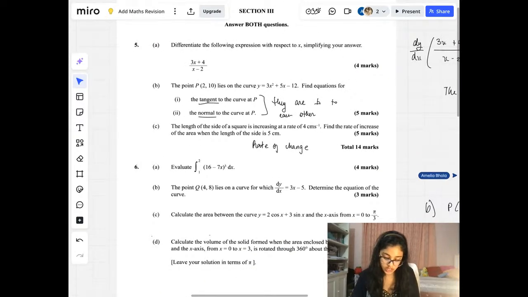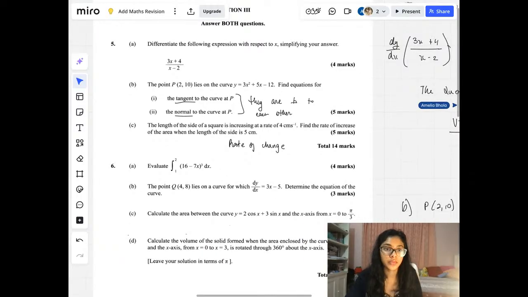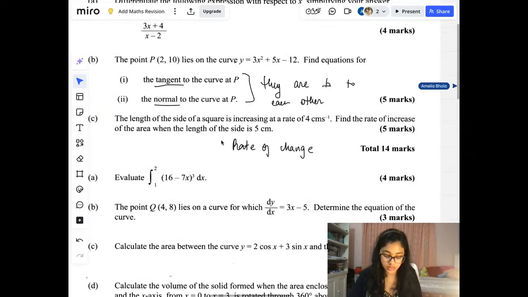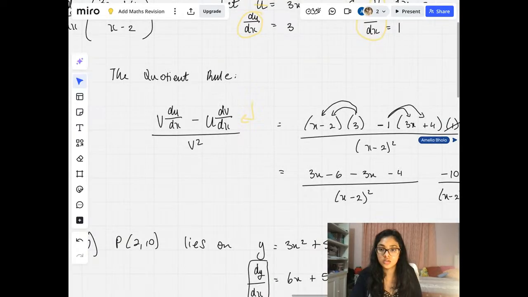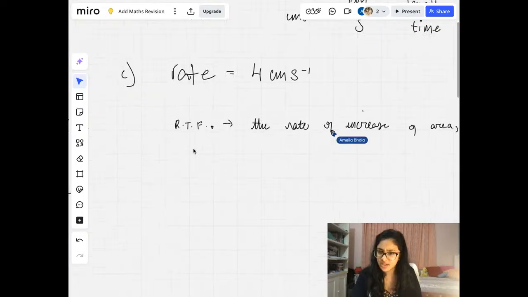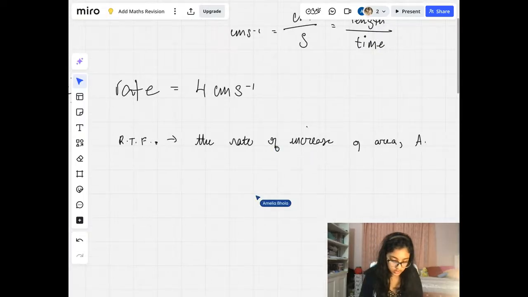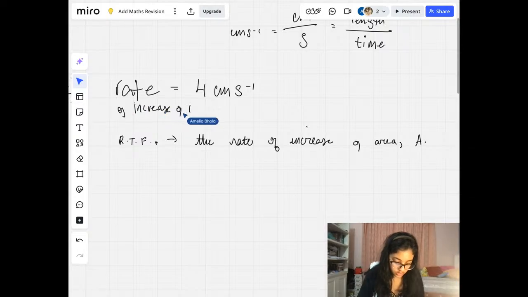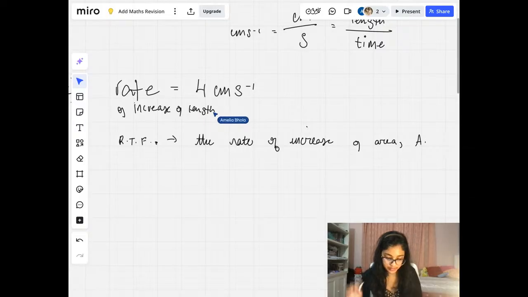So I'm going to let the area be represented by capital A. Basically, you're kind of using the chain rule. So this is the rate of increase of length, because there's centimeters, right?